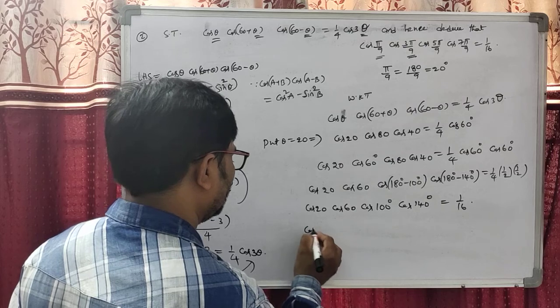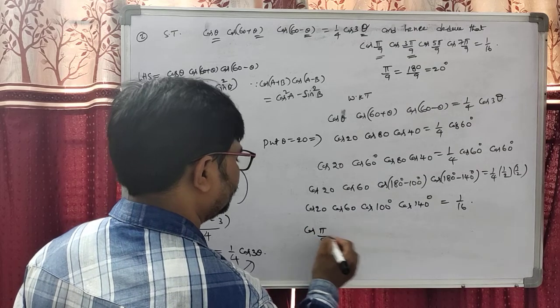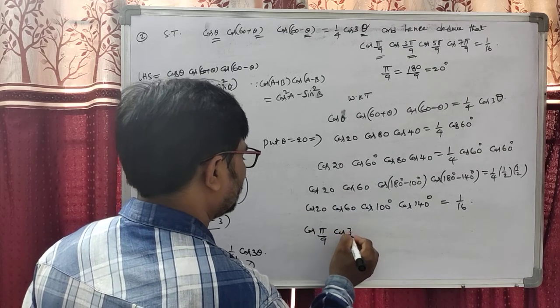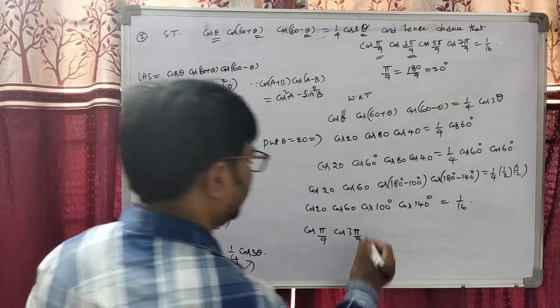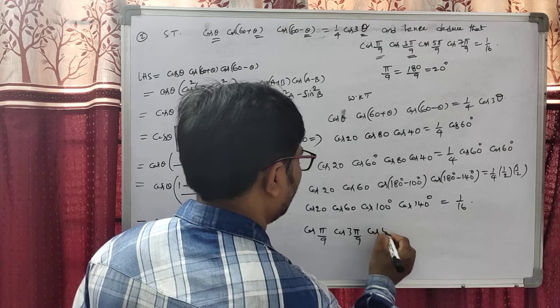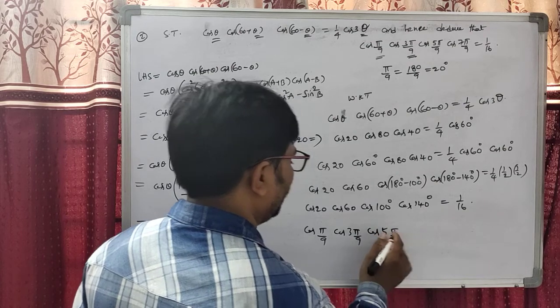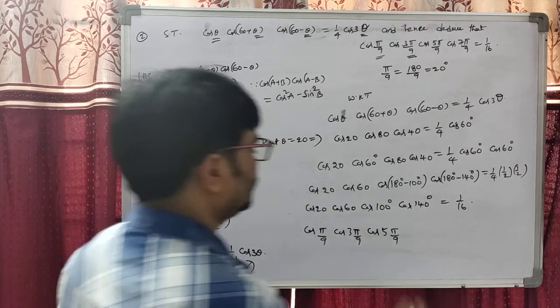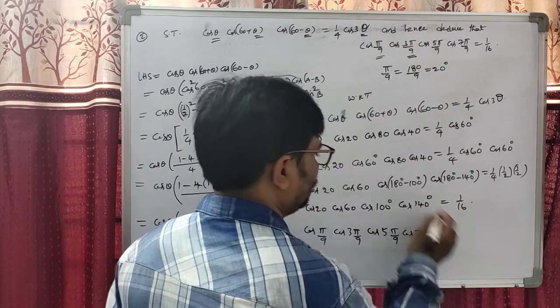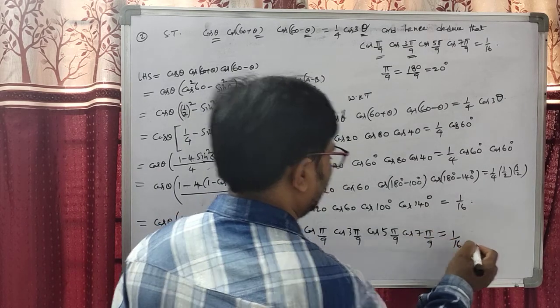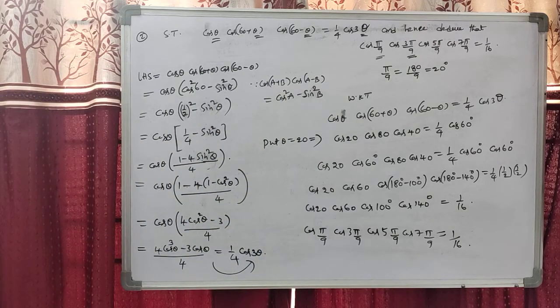How can you write this? Cos of pi by 9, that is 20. Cos of 3 pi by 9, 3 into 20, that is 60. Cos of 5 pi by 9, 5 into 20, that is 100. Cos of 7 pi by 9, 7 into 20, that is 140, equal to 1 by 16. Do you understand, students?